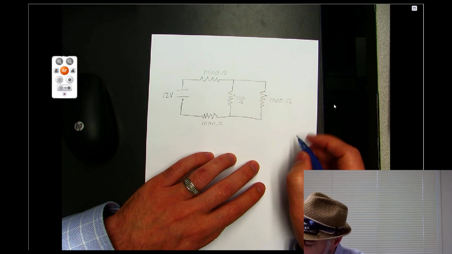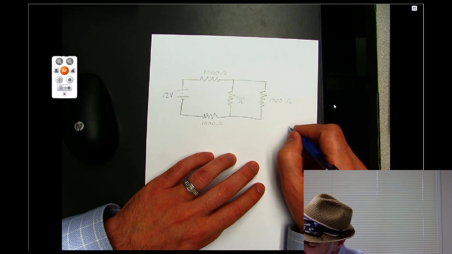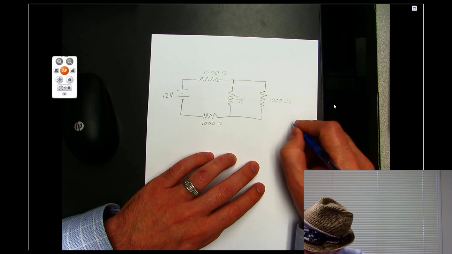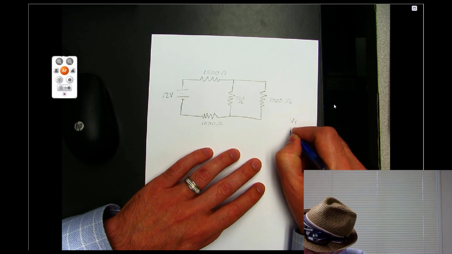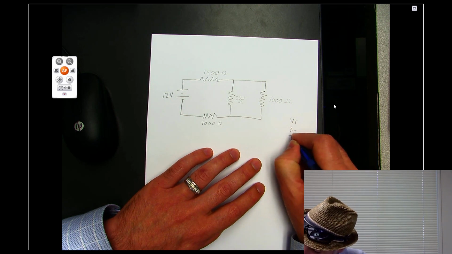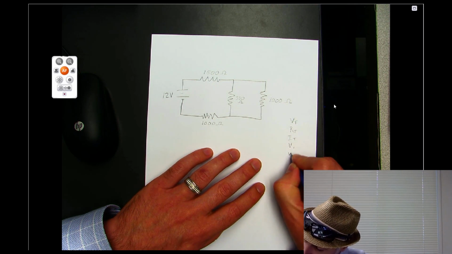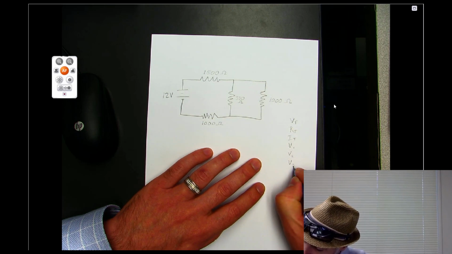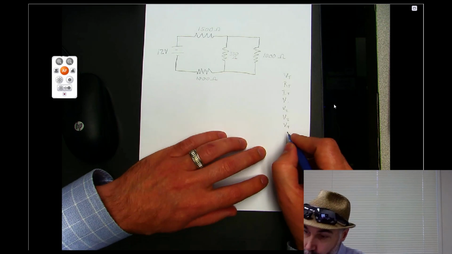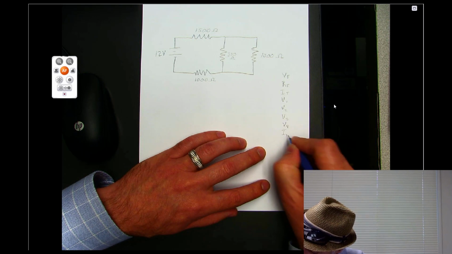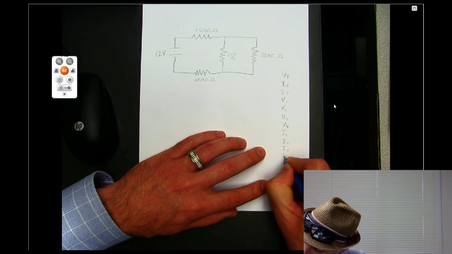I can make a little table over here, and we can say V total, R total, and I total, and then V1, V2, V3, V4, and then also the currents I1, I2, I3, and I4.